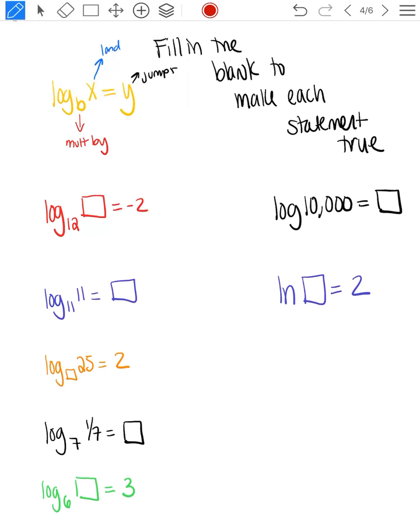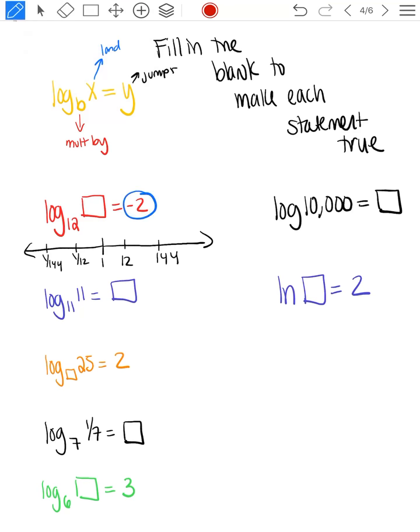For this first one, we know the base. We know we're multiplying by 12, so I can make my number line multiplying by 12. 1 times 12 is 12. 12 times 12 is 144. I could go the other way: 1 over 12, 1 over 144.